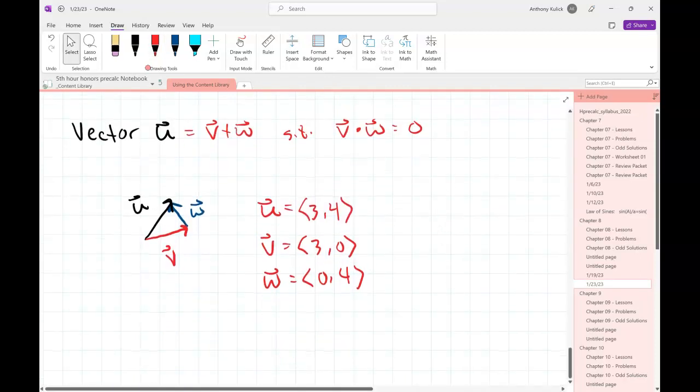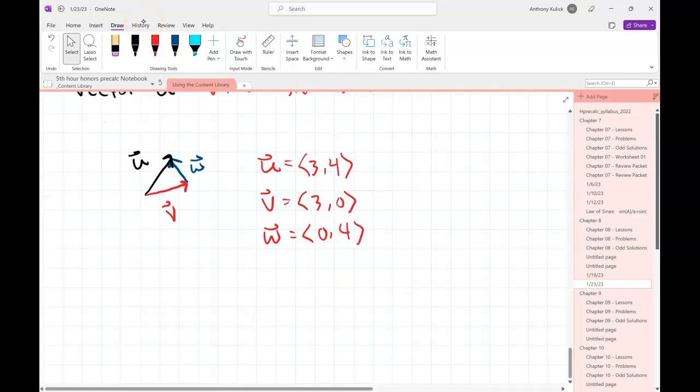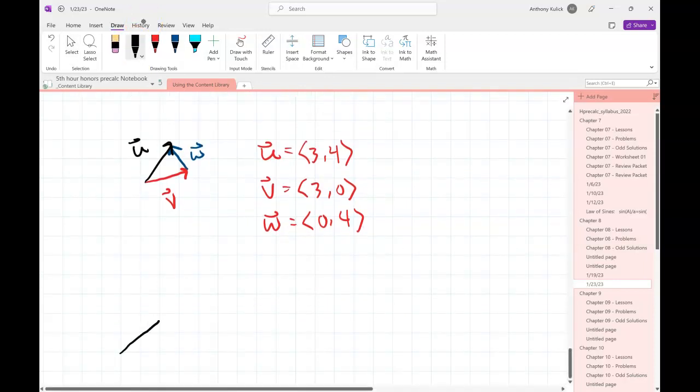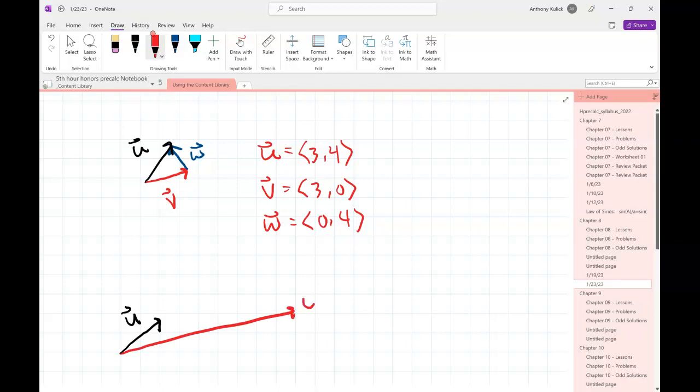But let's say this time that I have some vector u, and then I have some other vector v, and let's say that vector v has a non-horizontal or non-vertical direction, right, where it's just not one of those, or not a scale factor of one of our standard unit vectors.